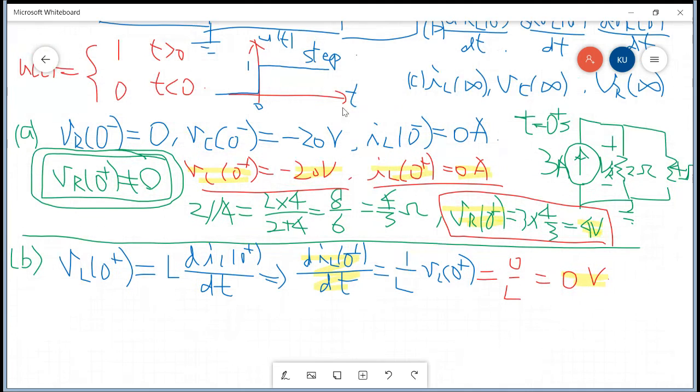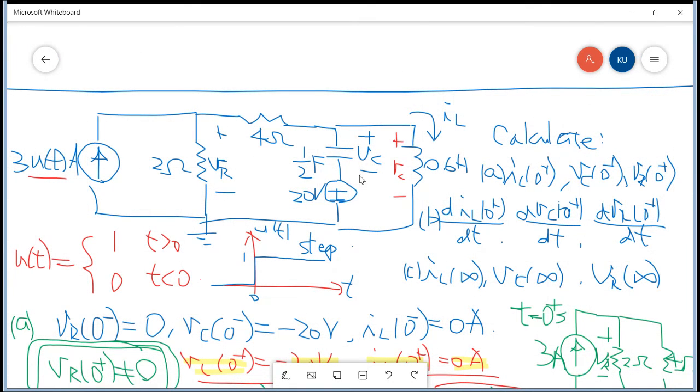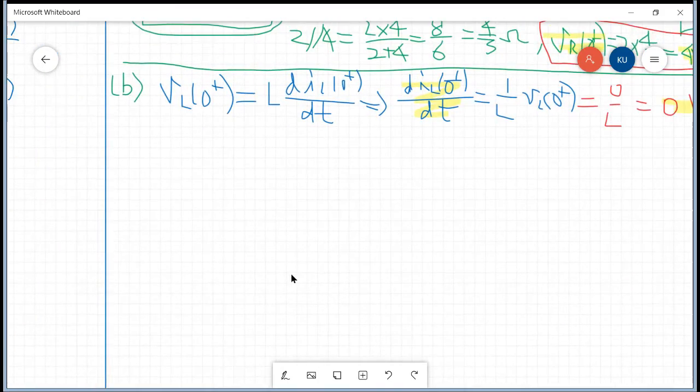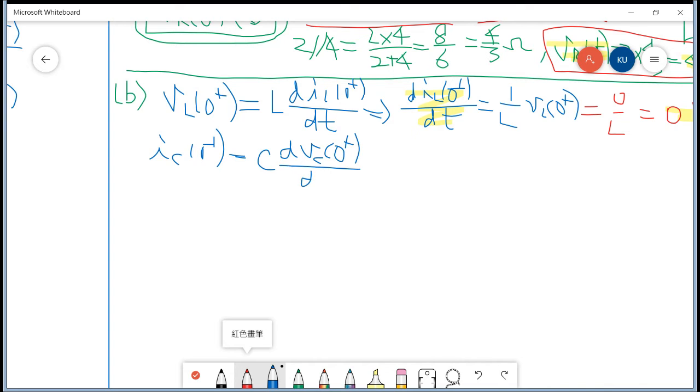And next, we may find the first derivative of VC at t equals 0 plus. It is a capacitor, so we can write that IC(0+) is actually C dVC(0+)/dt.